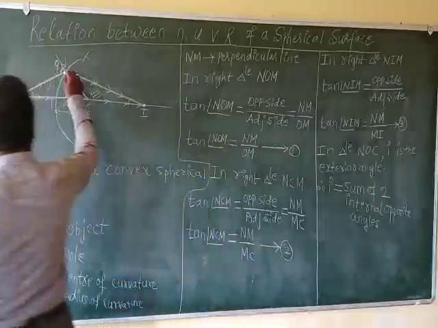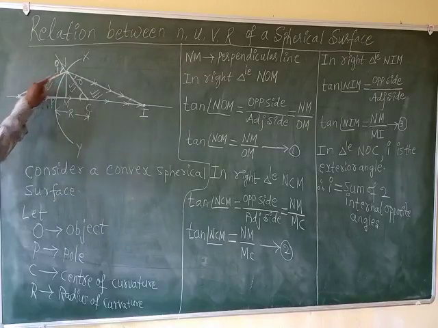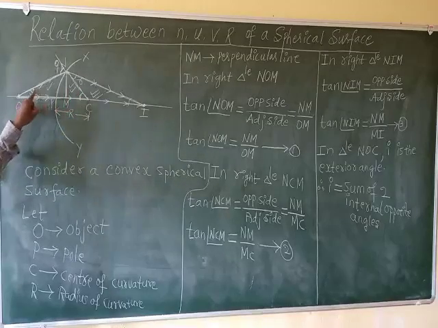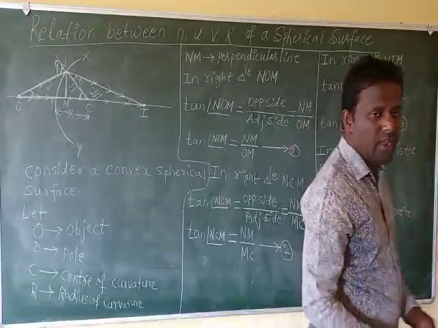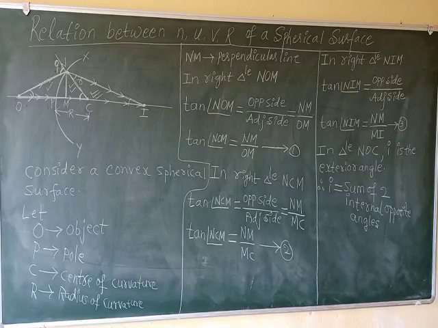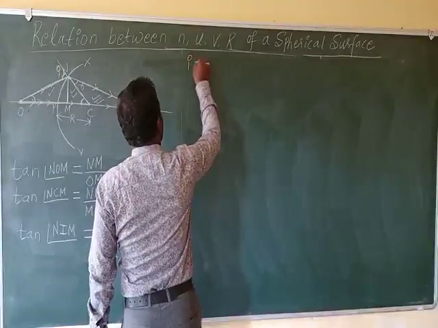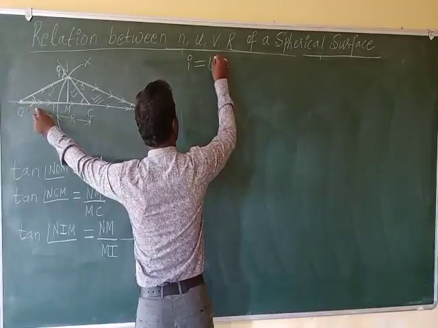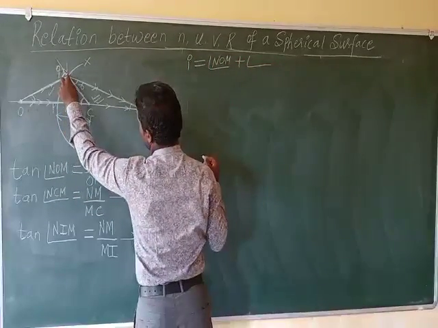In this triangle NOC, the internal opposite angles are first angle NOM and another, NCM. So the sum of these two angles equals I. Therefore I equals angle NOM plus angle NCM.